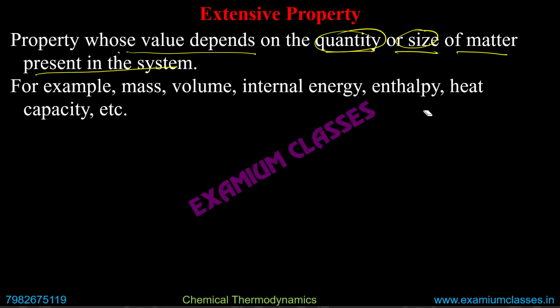Enthalpy will change. If you have this much amount heated up to some temperature and it has q amount of heat, if you divide it into two, each will have q by 2 heat.